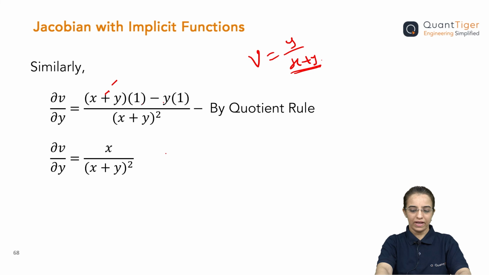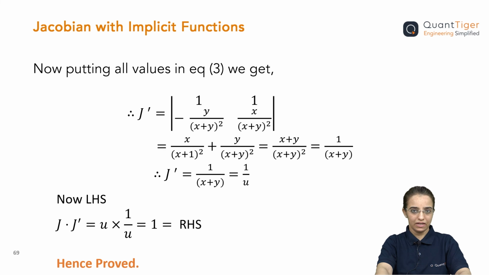After this I can do the substitution in the determinant because I have all four values with me. The determinant which I got for j dash, we need to find its value, because j's value we already found earlier. So we will substitute the values we found into the j dash determinant.